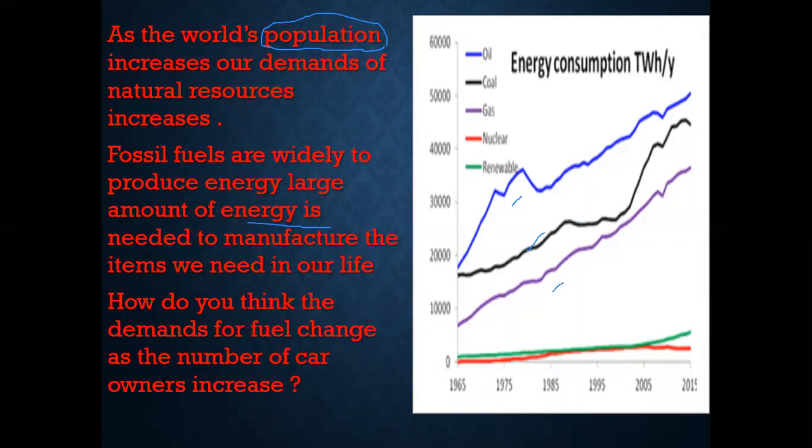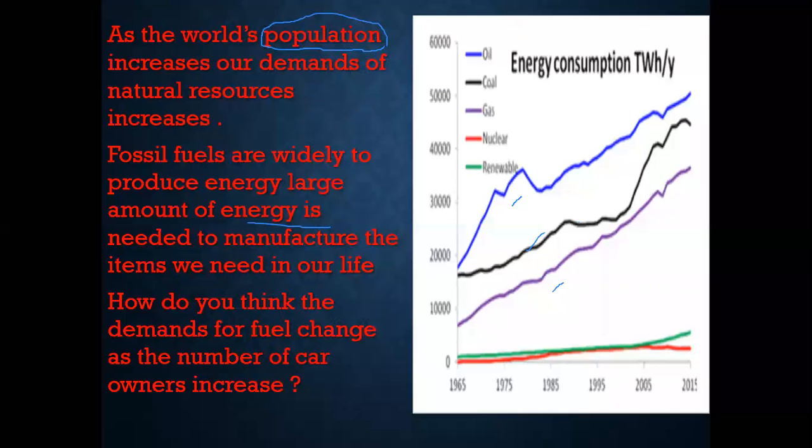Ranim? Because the number of humans is increasing, the cars also are increasing, so the fuels will decrease because a lot of humans use it. Decrease or increase? The number of humans is increasing and the fuels are decreasing. Why? The fuel, you mean?